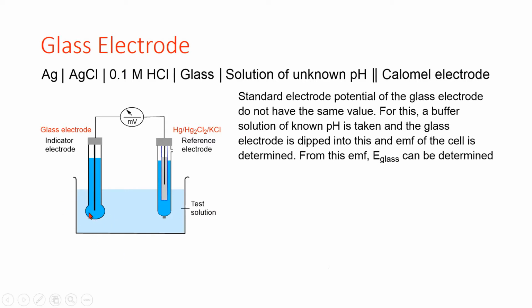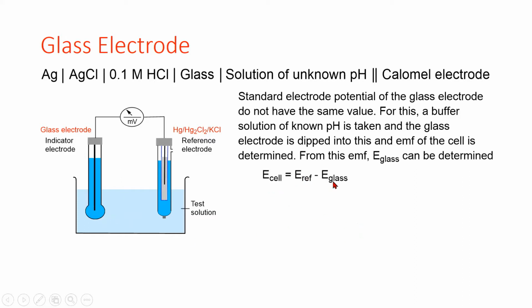Standard electrode potential of the glass electrode do not have the same value. For this, buffer solution of known pH is taken and glass electrode is dipped into this and EMF of the cell is determined. From this EMF, E glass can be determined.